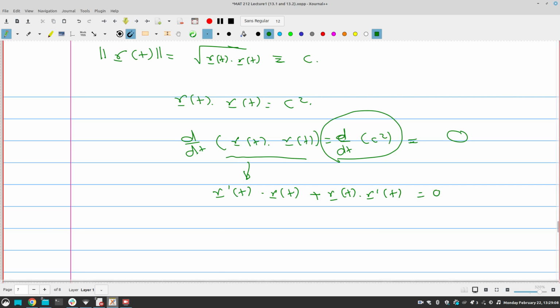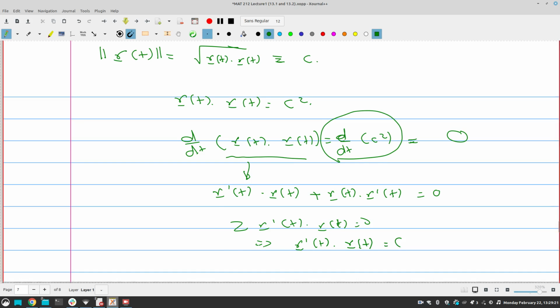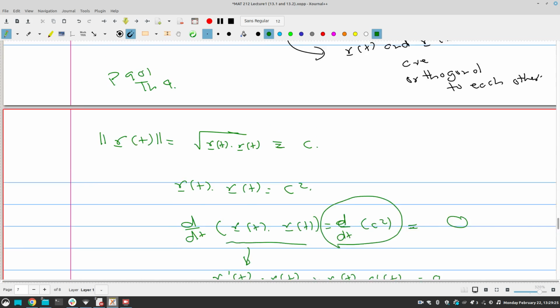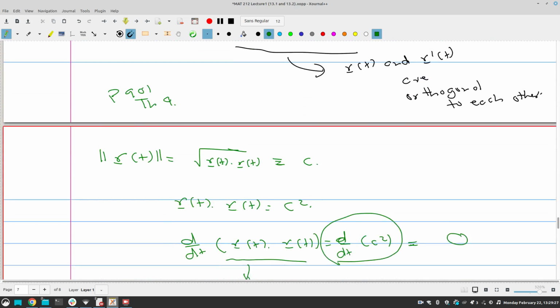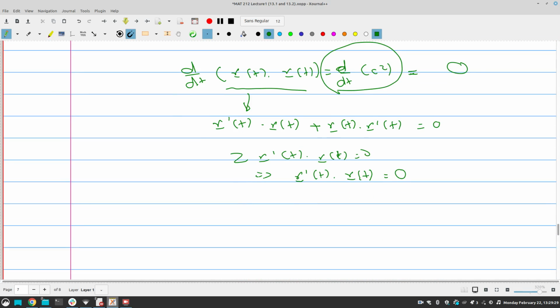On the right hand side we have 0, so 2 r prime t dot r t equals 0, or r prime t dot r t equals 0. This is how you prove that r prime t and r t are orthogonal.